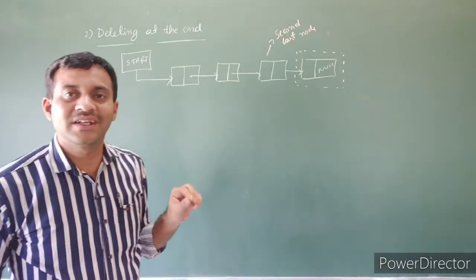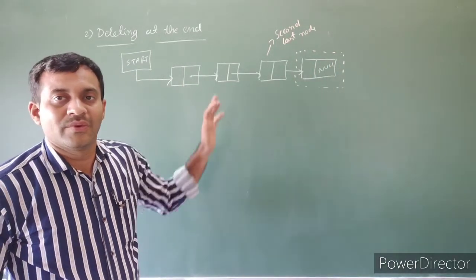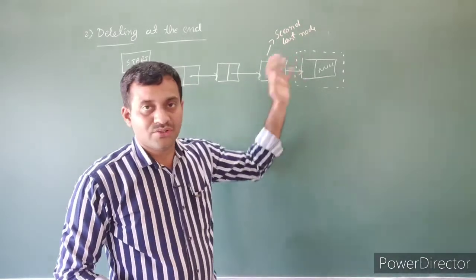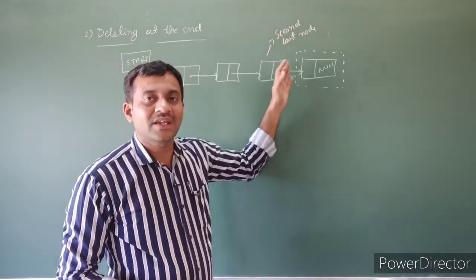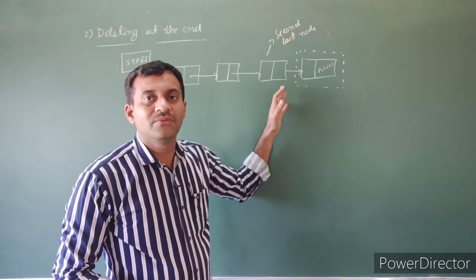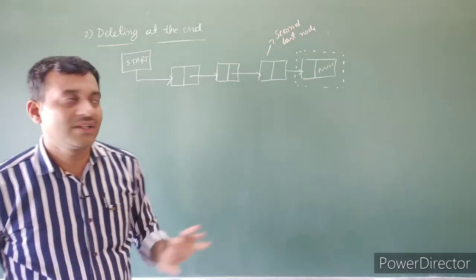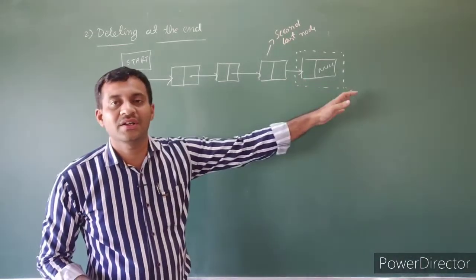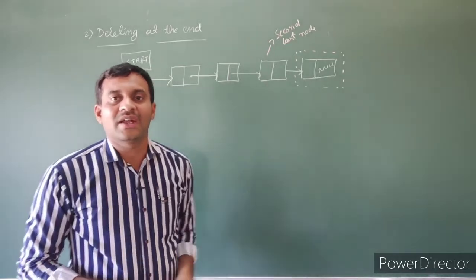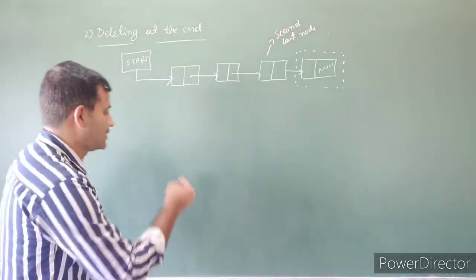What is the meaning of deleting a node? We have to identify the last node and the second last node. Then the second last node's link part is filled with a null pointer. Then automatically the last node will be deleted. For that we write an algorithm like this.